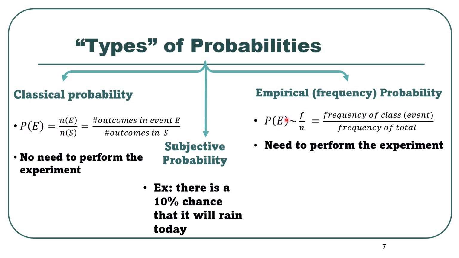Here, for that approximation idea, the law of large numbers says that as the total frequency N increases, you are going to approach the theoretical probability, which in some cases could be the classical probability.